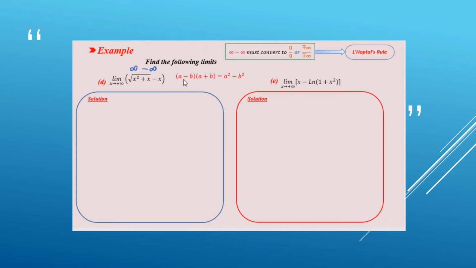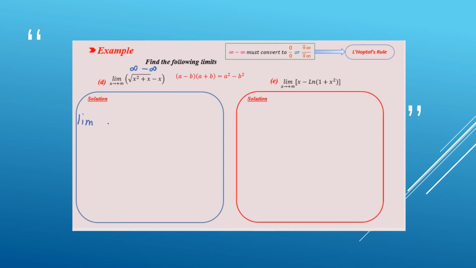As you know, if we have a minus b, then a plus b is the conjugate of this term. And if we multiply a minus b by its conjugate, the answer is a squared minus b squared. So you have to multiply here by the conjugate up and down.